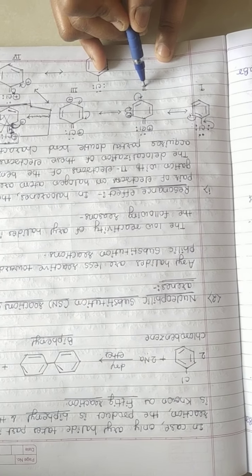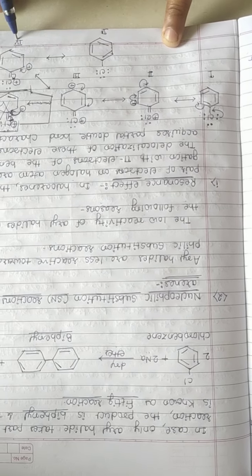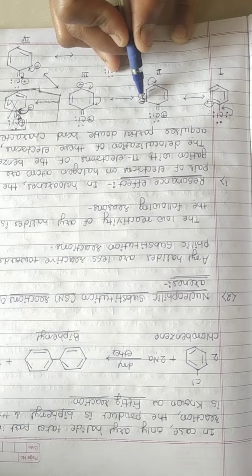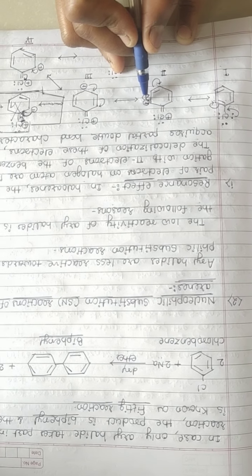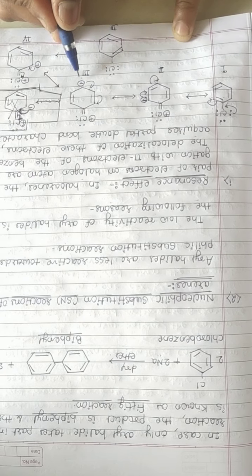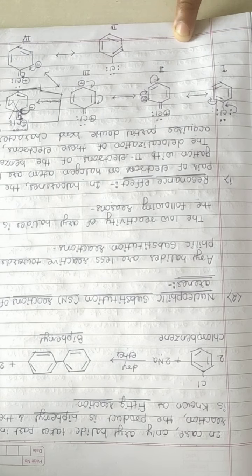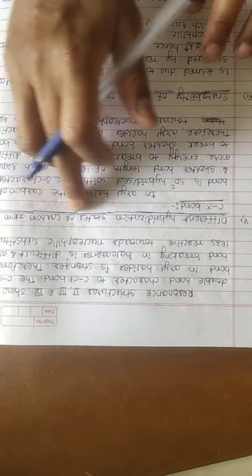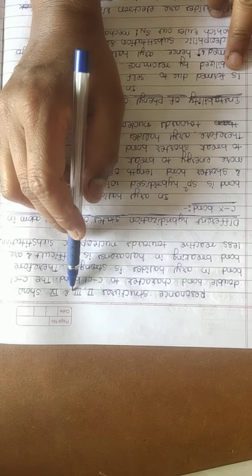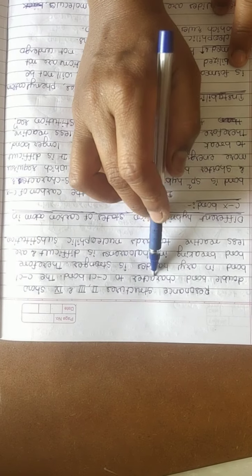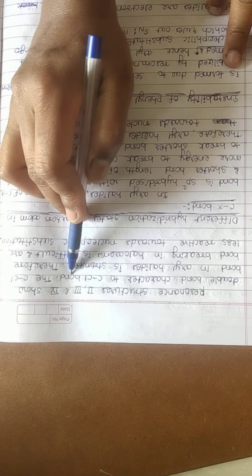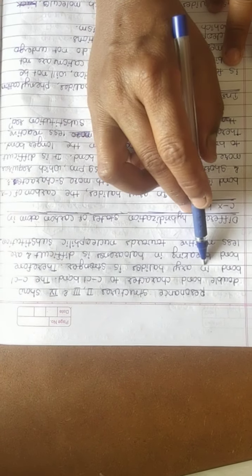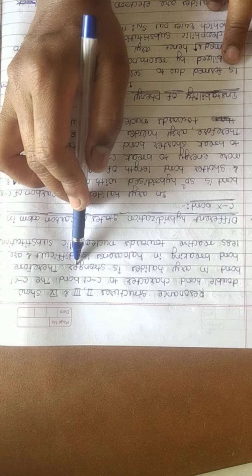The second, third and fourth resonating structures carry the excess electron at ortho, para and ortho positions. These resonance structures show double bond character for the C-Cl bond, and the C-Cl bond in aryl halides is stronger.